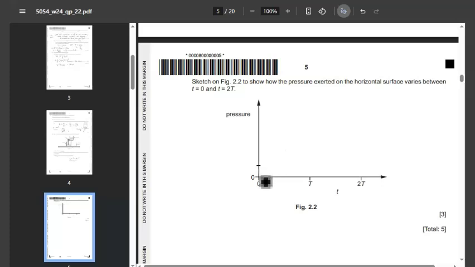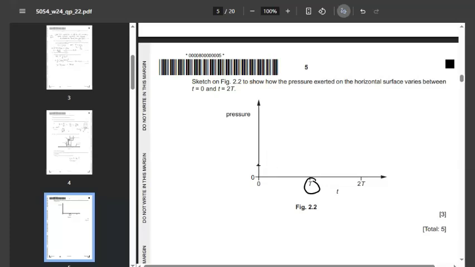So at t is equal to 0, the tap was opened and the liquid was flowing inside the beaker at a constant rate. It was flowing until t is equal to capital T. So from 0 to T there will be a constant increase in the pressure.